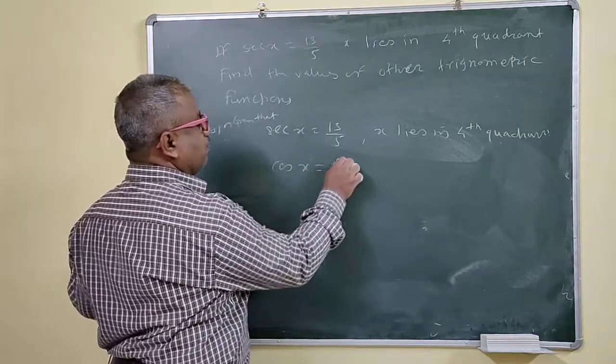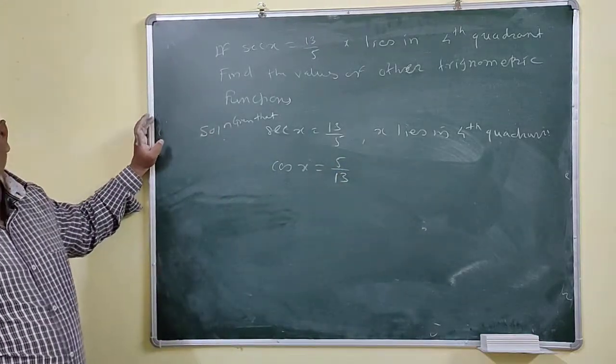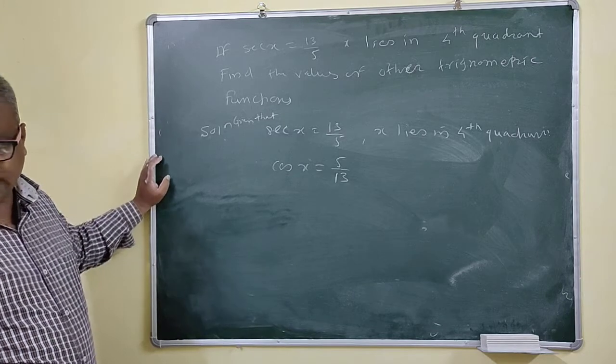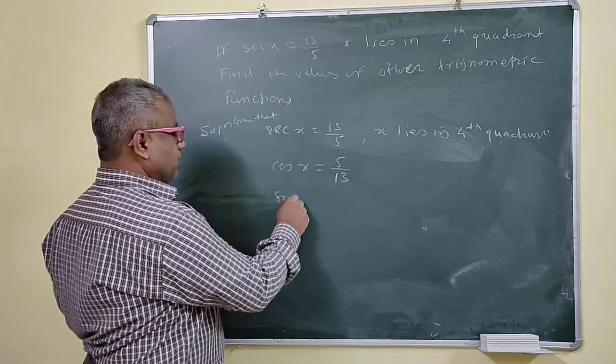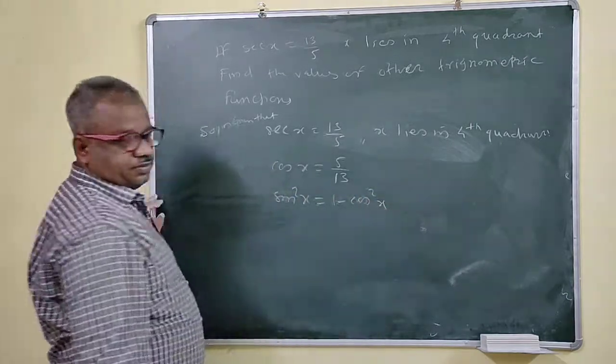Cos x is what then? 5 by 13. Right? So we have the value of cos now. We can obtain the value of sine with the help of the fundamental identity. So sine square x is 1 minus cos square x.